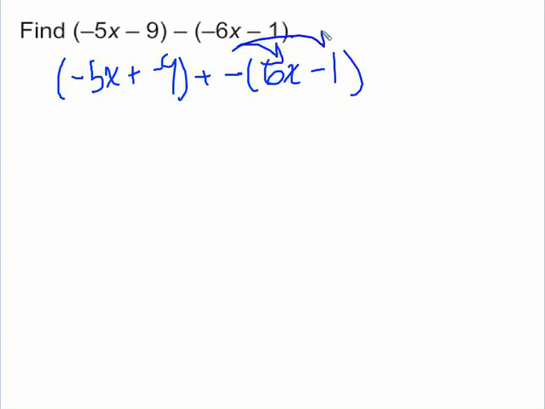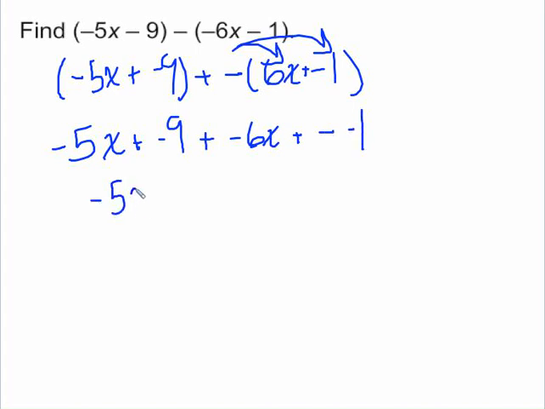Distribute the negative in. So I'm going to have negative 5x plus negative 9 plus negative 6x, plus negative 1. So that's going to be negative 5x plus negative 9 plus negative 6x plus 1.